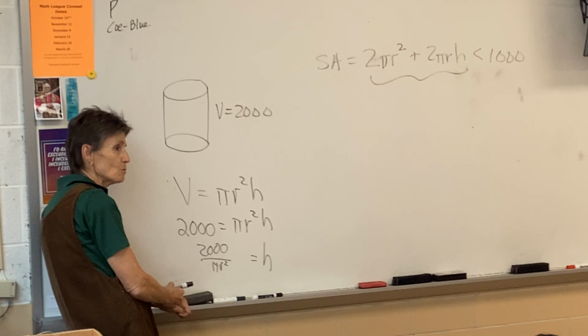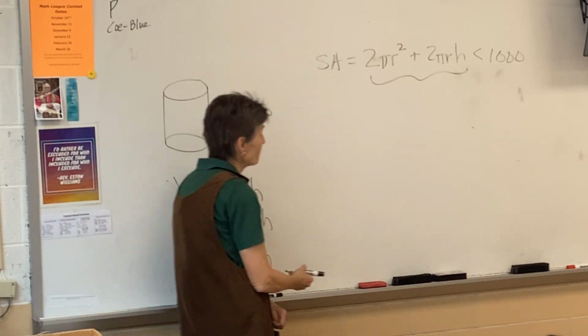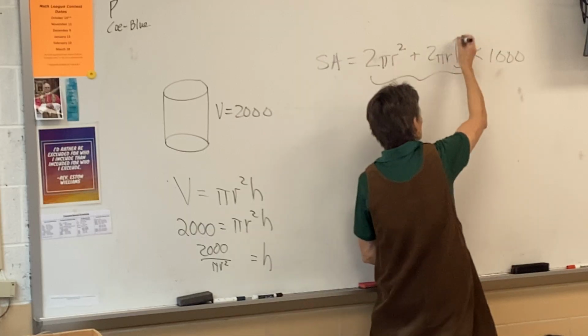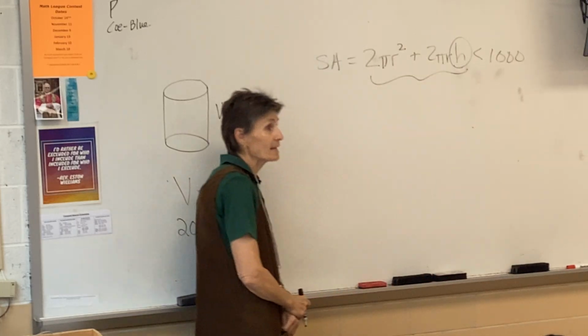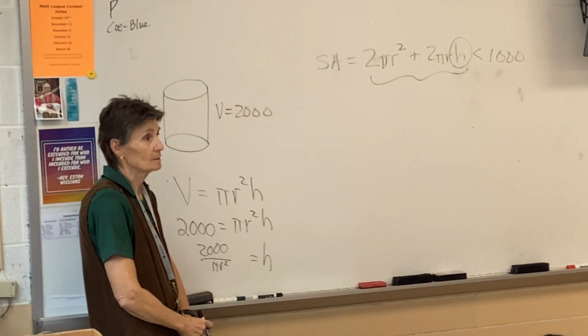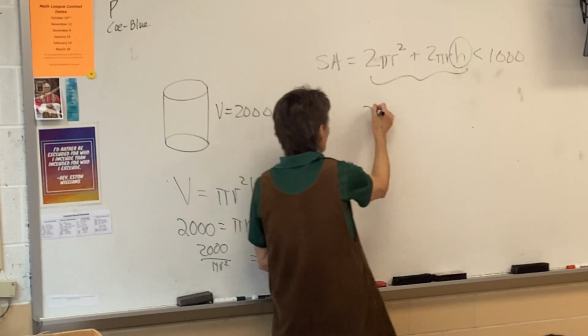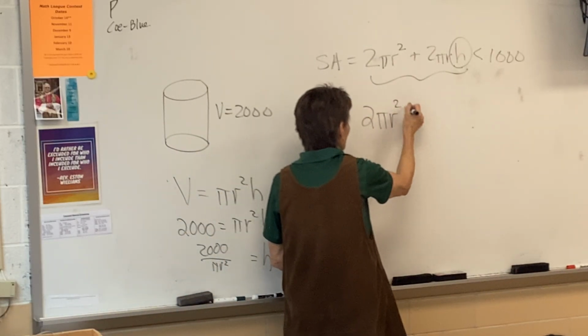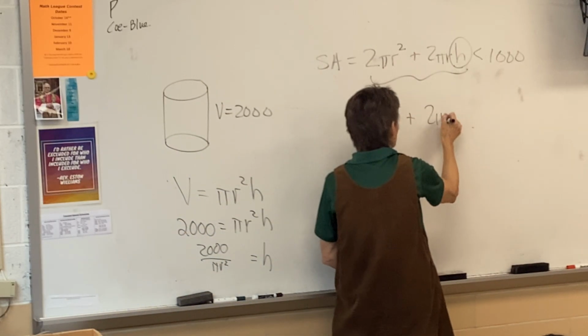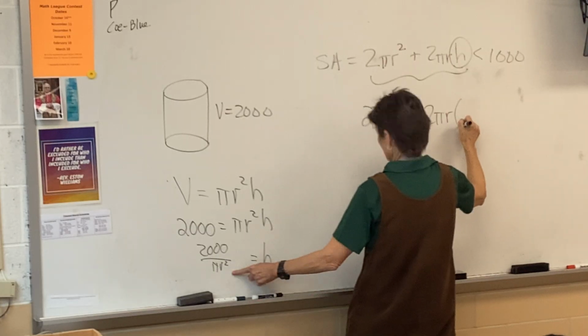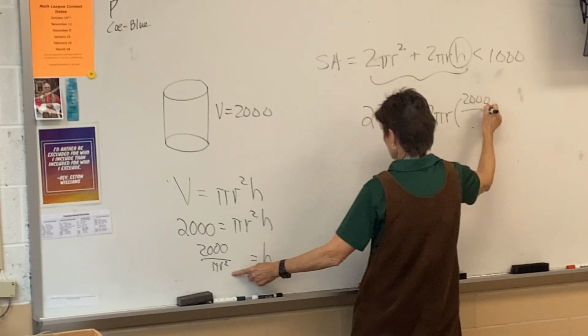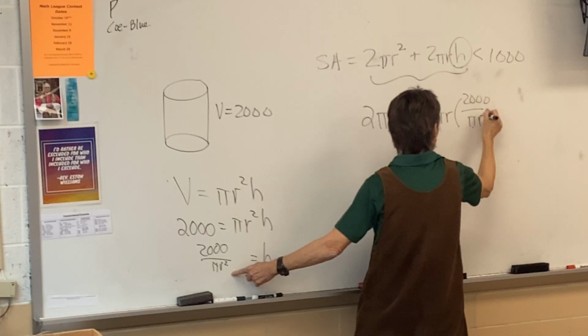And why is that useful? Because if I put that right here, then I can type it in on my calculator. Then I'll have 2 pi r squared plus 2 pi r times 2,000 over pi r squared.